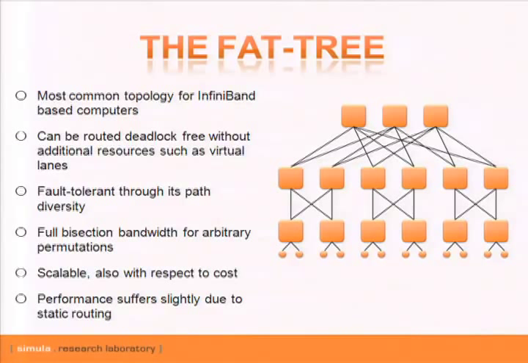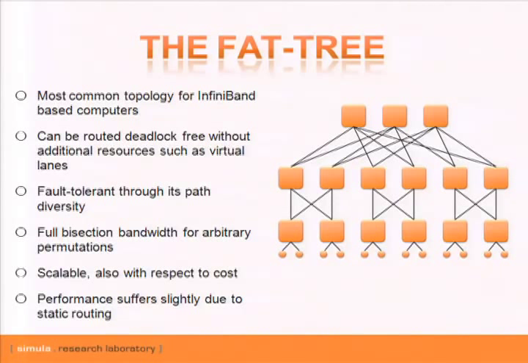You just route upward in the tree, followed by downward in the tree to reach the destination. So no virtual channels are required for deadlock avoidance. It also offers path diversity, so it also holds fault tolerant properties.